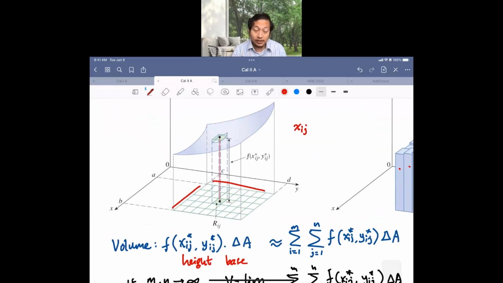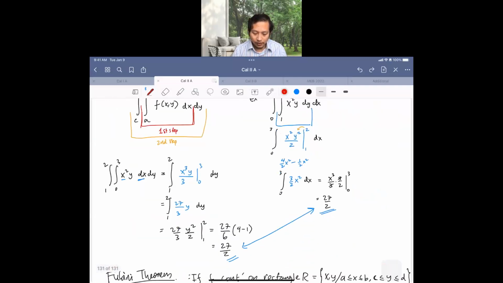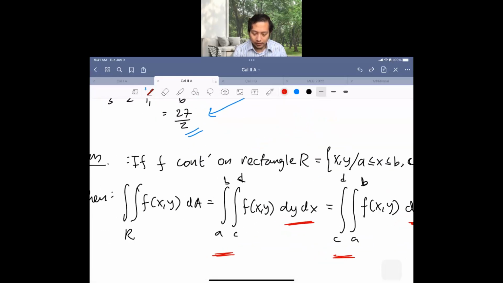Although it may be small numbers, it's a fixed constant. So a, b, c, d are all constants. In the next sections, we will see that the endpoints could be functions as well, and that will be a little more complicated, and you need to be careful when using this theorem to exchange dx and dy. Sometimes it's easily changed, but sometimes you need to make sure that it's okay to exchange.